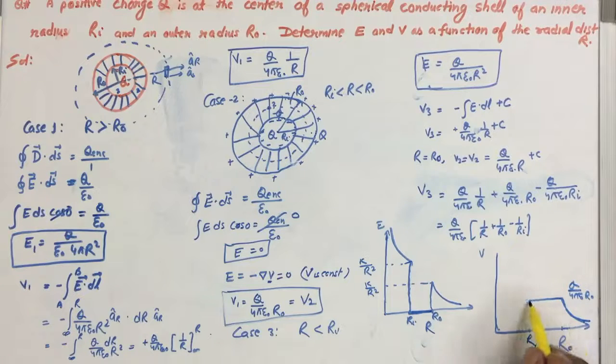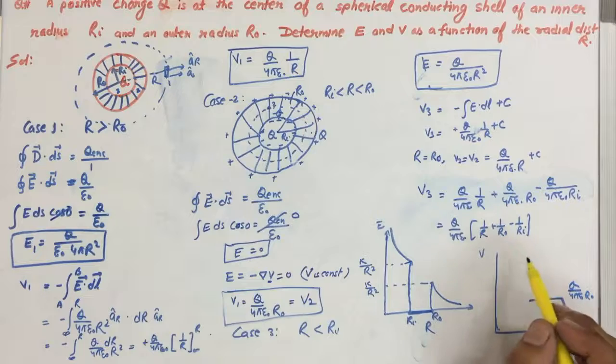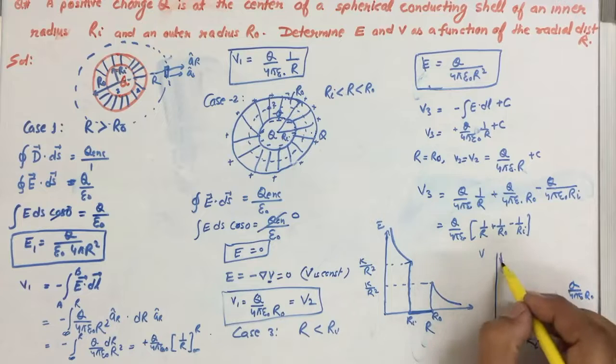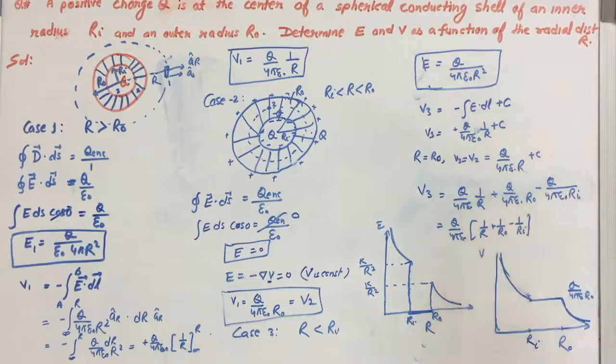So it will remain constant up to this point. See, V2 is here, V1 is here, and before this it is inversely proportional to 1 by R, and when R is 0 it is infinite. So it is inversely proportional to R like this. So this is for potential, and this is for electric field with respect to R.